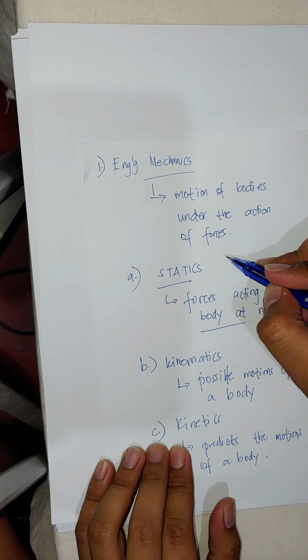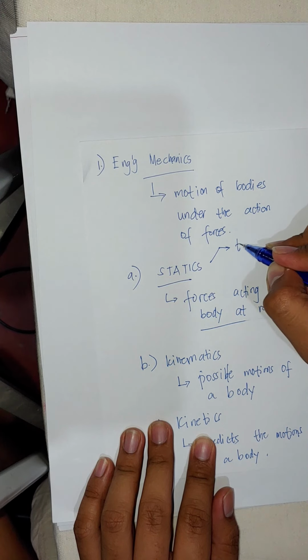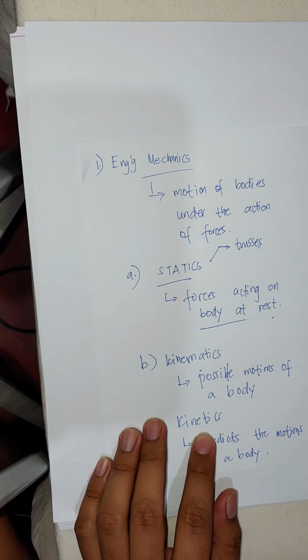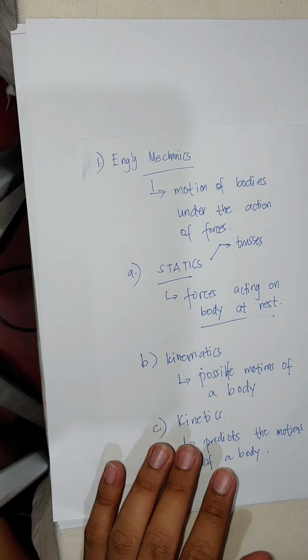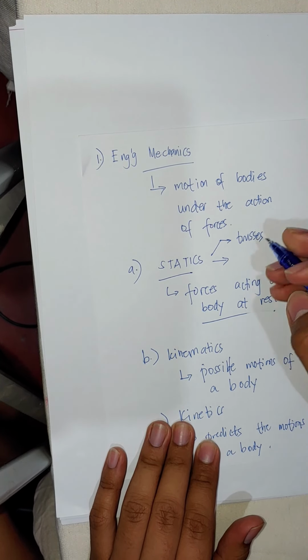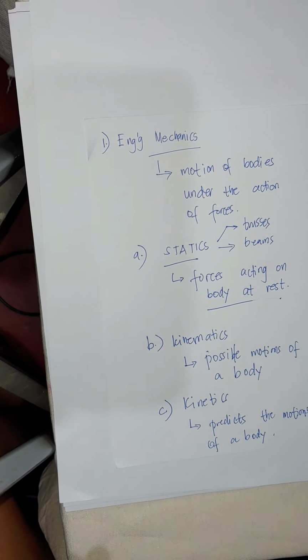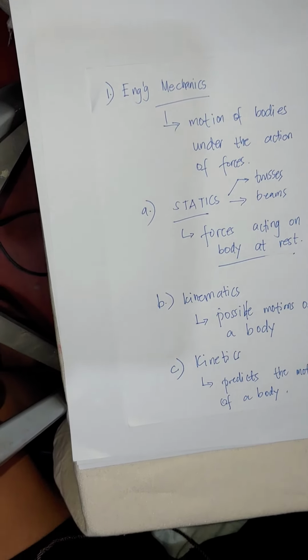In this subject, we analyze stresses where we have forces, and then we get the reactions. We have the methods of joints, method of sections, also for beams. So here in statics you solve for reactions.